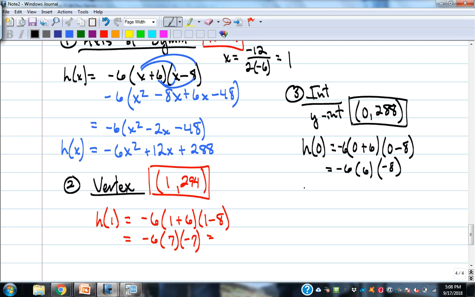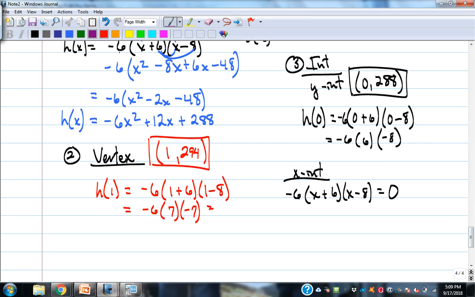Now, here's the really nice one, the x-intercepts. Super easy because you're taking negative 6, x plus 6, and x minus 8, setting that whole thing equal to 0. Hey, what do you know? That means I only need to worry about the guys that have x's. This negative 6 in the front is gone. It doesn't do anything. Then you set x plus 6 equal to 0 and x minus 8 equal to 0.